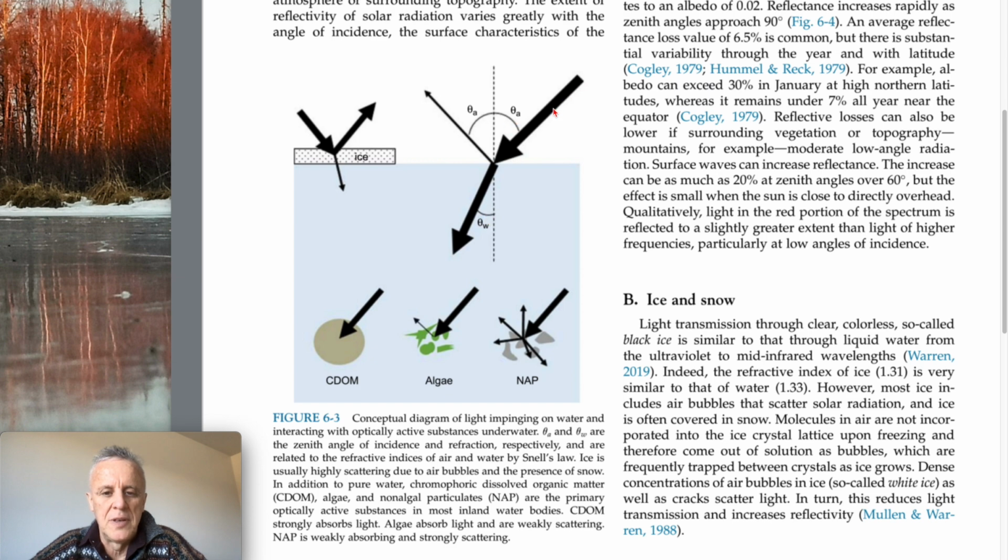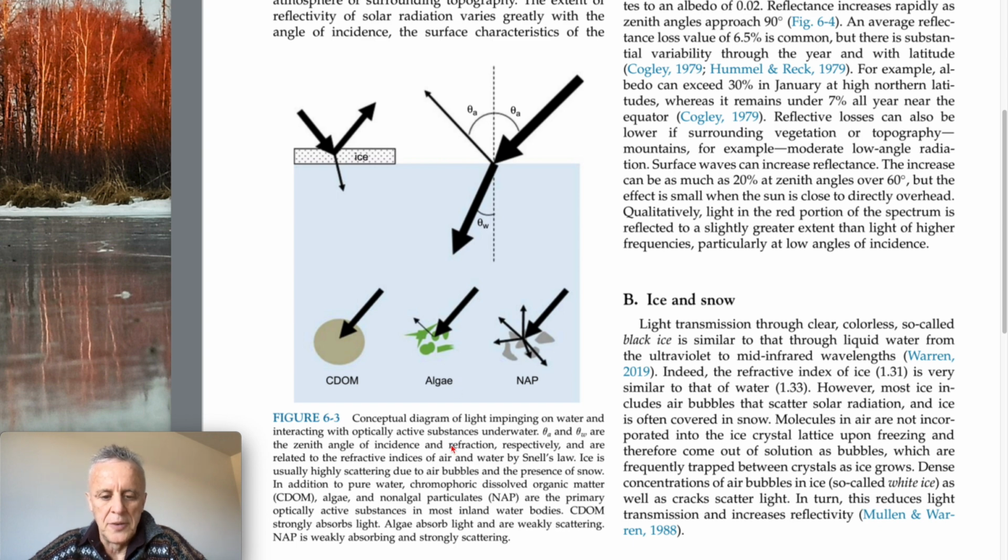So we have the light coming in at this angle, part of it going into the water at an angle of theta W from the vertical, and then the light being scattered out above the water at the angle of theta alpha.